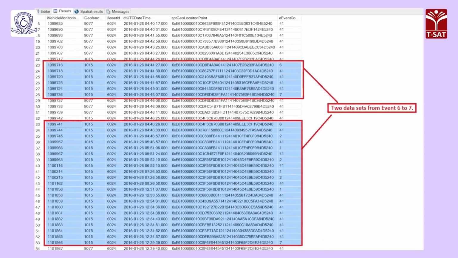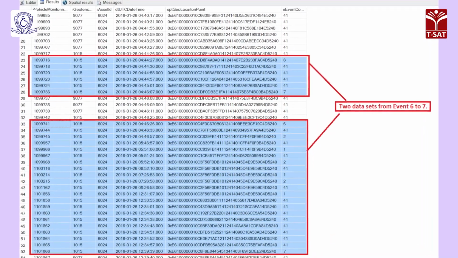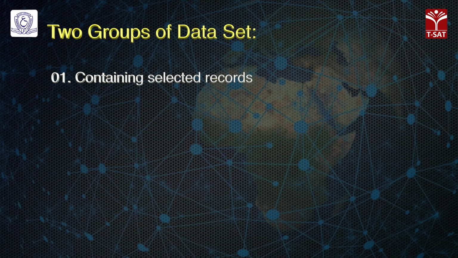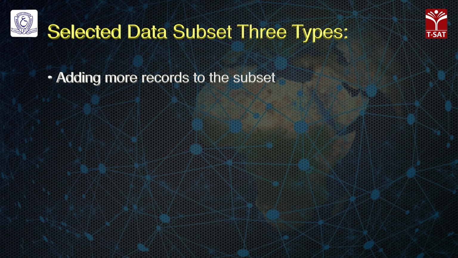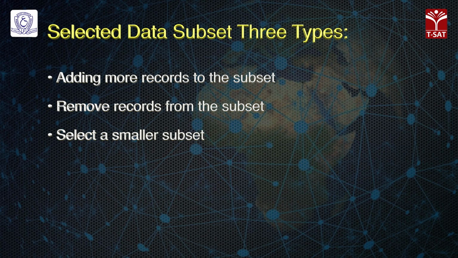Attribute data query begins with a complete data set. A basic query operation selects a subset and divides the data set into two groups, that is, one containing the selected records and the other the unselected records. Given a selected data subset, three types of operation act on it: adding more records to the subset, removing records from the subset, and selecting a smaller subset.